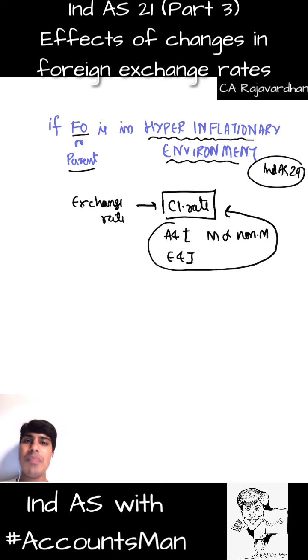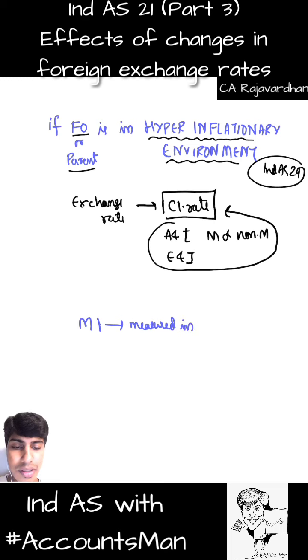I'll repeat, if the general public prefer to keep non-monetary investments in a stable foreign currency, or the selling price or the interest is determined based on the price index of the country. Okay, I'll write it for you. Monetary items are measured in a stable foreign currency.